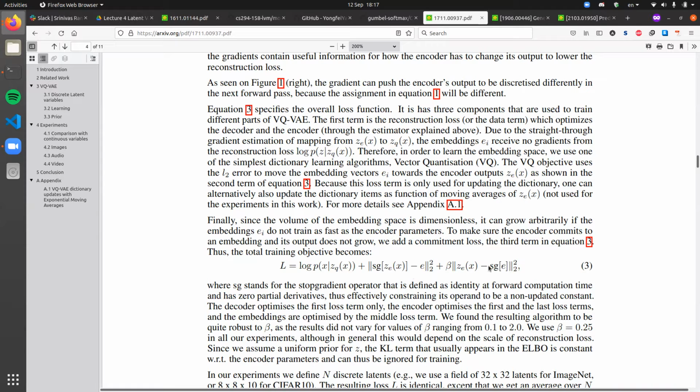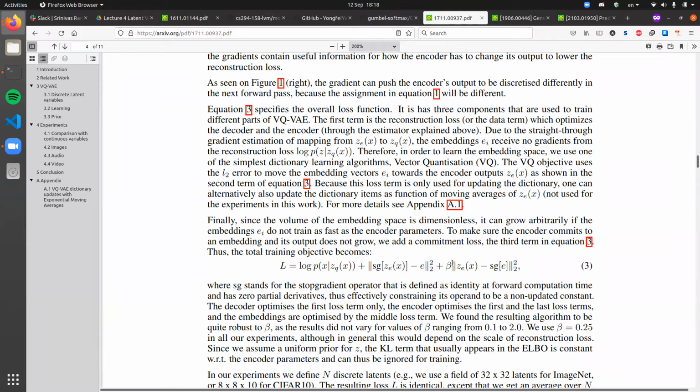And what do these two terms do for us? This term is responsible for learning the code book. We want our code book to contain vectors which are close to the outputs of the encoder, right? And this is what will move at each training step. We will move the embeddings in this lookup table towards the outputs of the encoder.